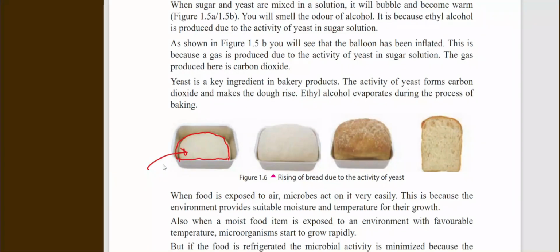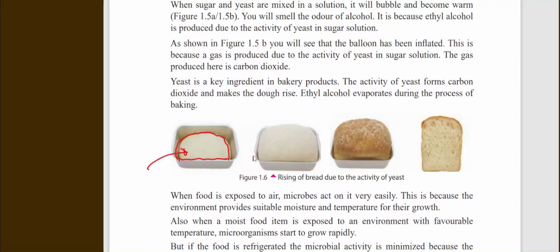Yeast cannot get oxygen inside the dough, so as they need respiration to get energy, they do anaerobic respiration. By doing anaerobic respiration, they produce carbon dioxide.